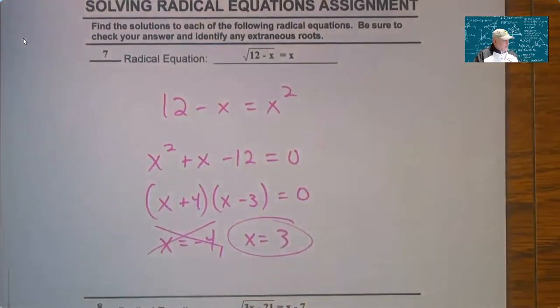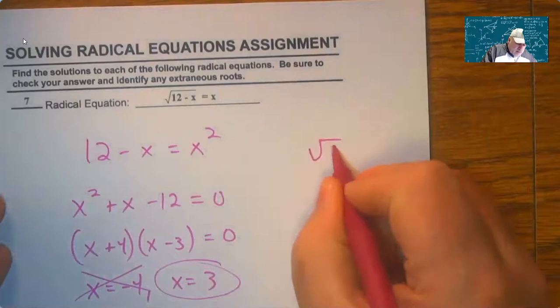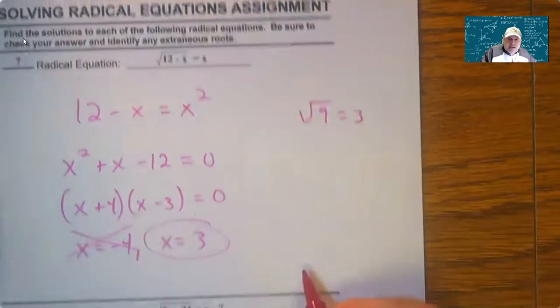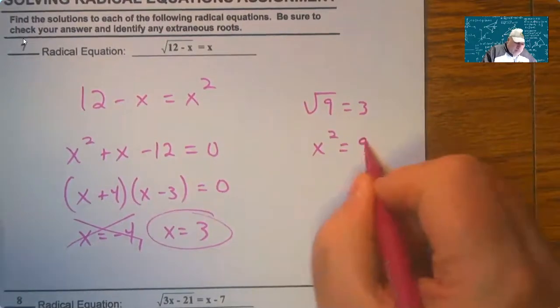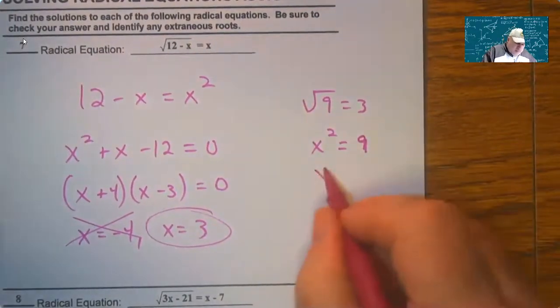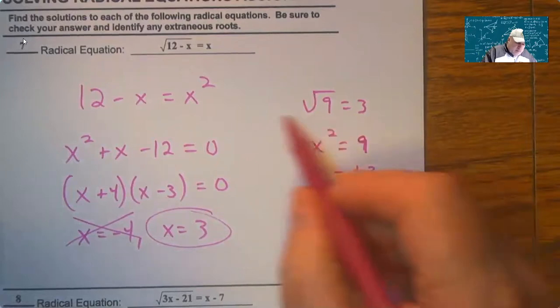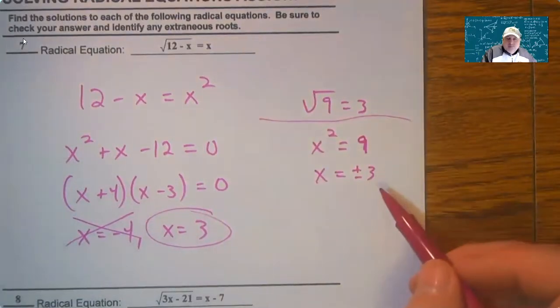So a little tricky there. I want to explain this. If you're taking the square root of just a number, that's different than this. And people get confused. So here, the positive and negative are the solution.